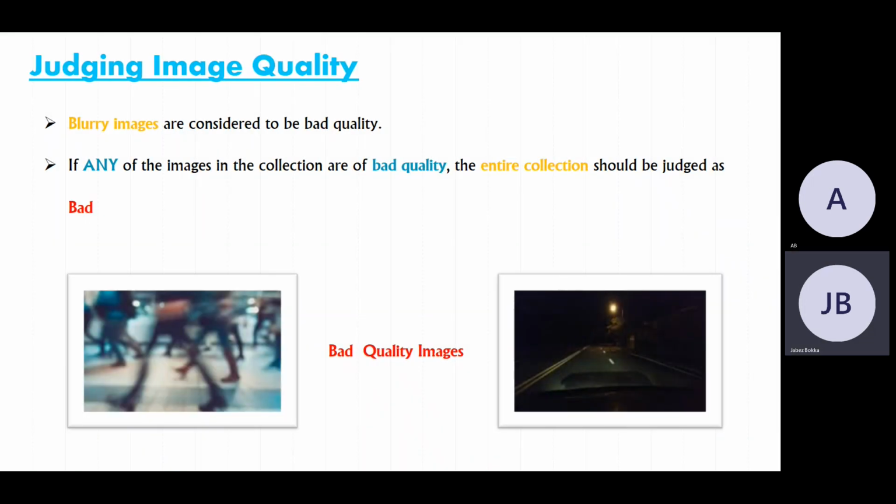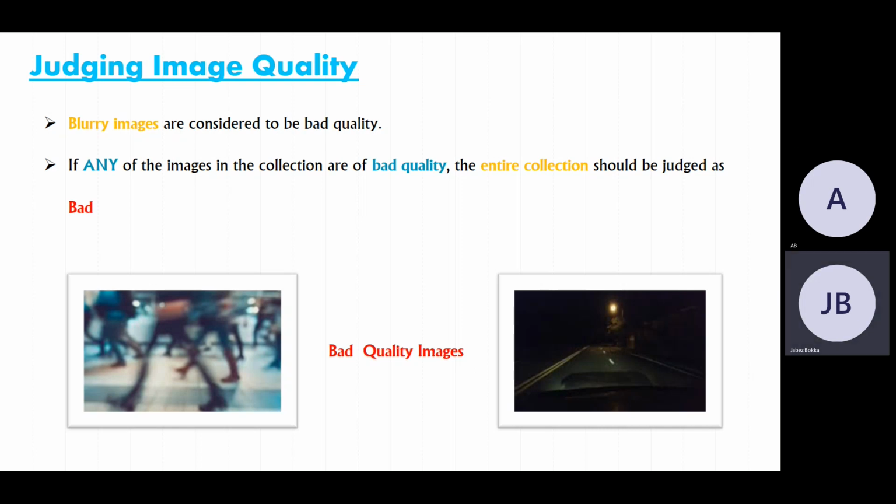Now, judging image quality. Whenever you judge a particular image, you need to make sure that there is no blurriness in the image. You need to make sure that the image is very clear, and there is no disturbance in the image. The quality of the image should be clear. The quality of the image should be top notch, and there shouldn't be any blurry images in the set of images.